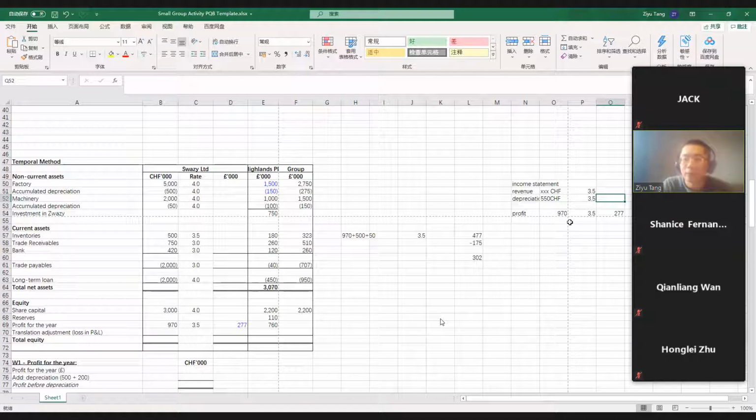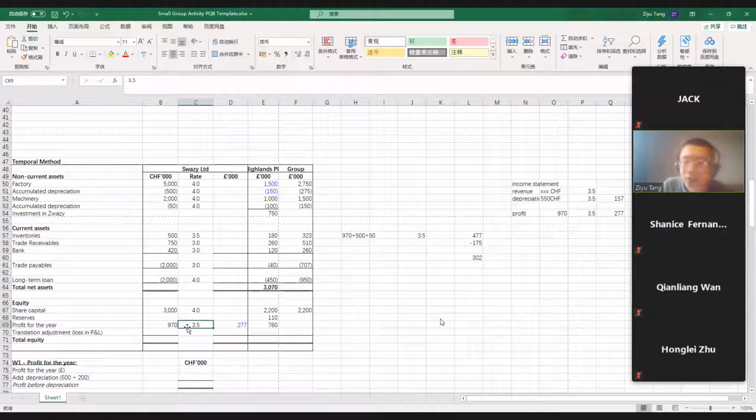The real depreciation in British pounds is 550 divided by 3.5, which is equal to 157, right? But if you go back to the assets part, the accumulated depreciation is translated by 4. It's not by 3.5, right? Okay, let's repeat because my expression might not be very clear.